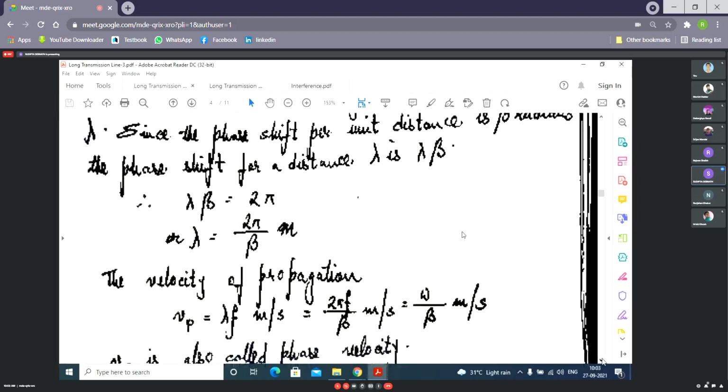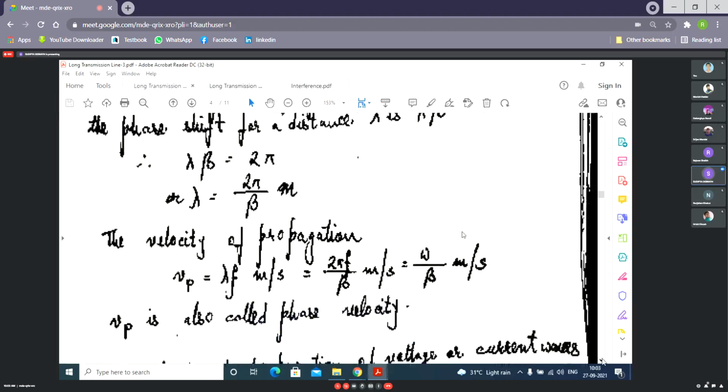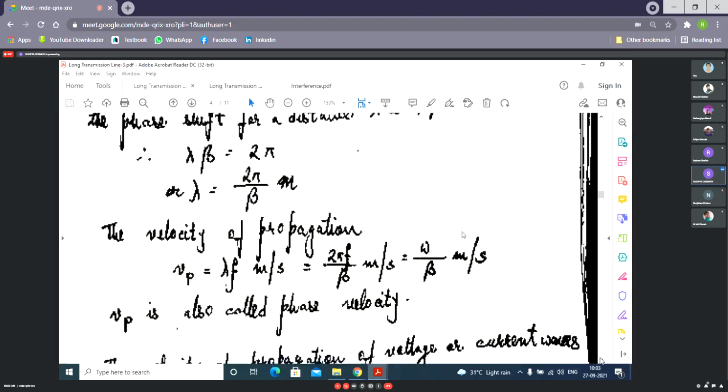You can express this velocity in any way. If L and C are given, you can use 1 by root LC. If lambda and f are given, you can use this equation. If beta is given, you can use this equation. We'll solve some problems and we'll see. But these relations you must remember.